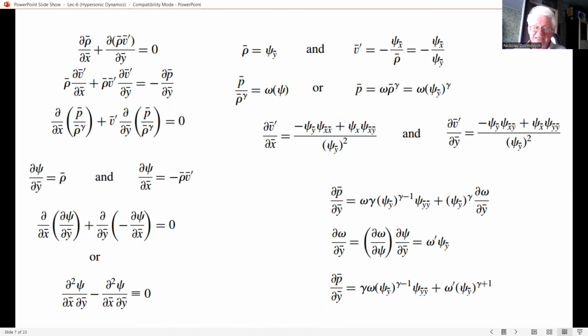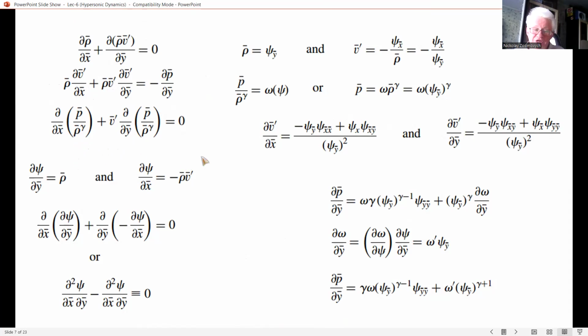For this case, we have the next three equations, which you may see here in the left upper corner of this slide, which are three equations to be solved for the three unknowns: v average, p average, and rho average.